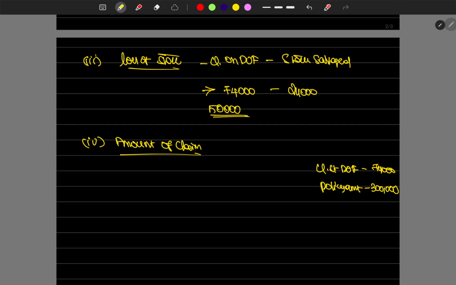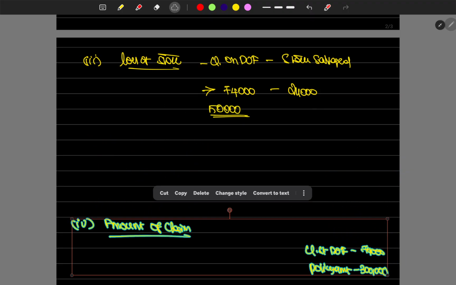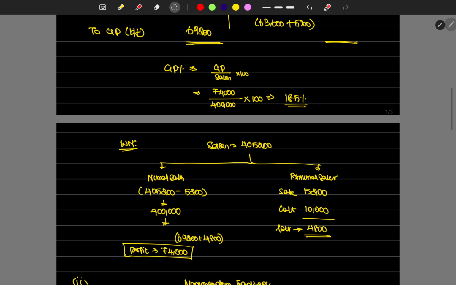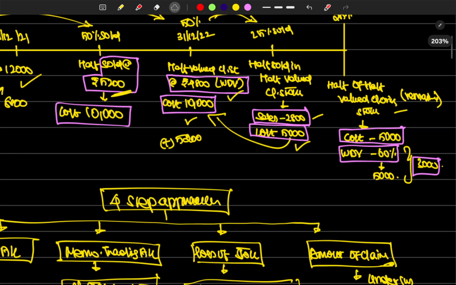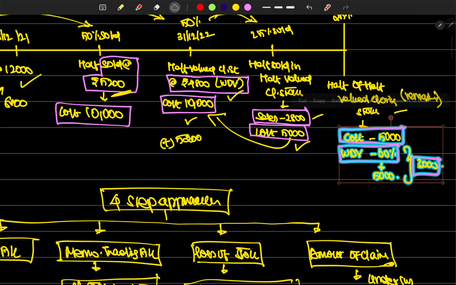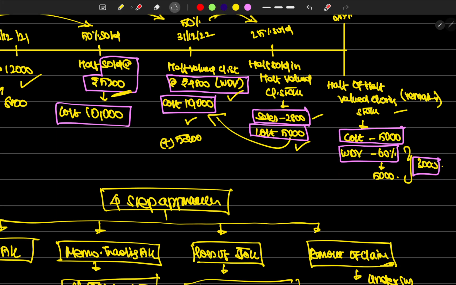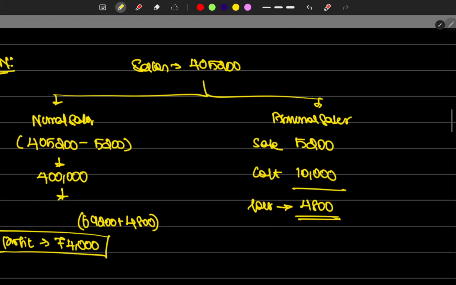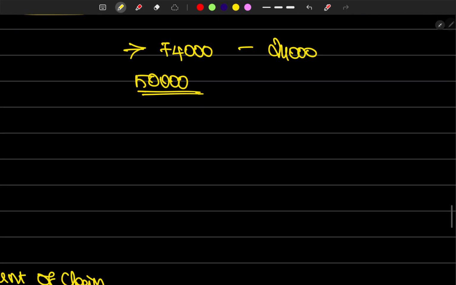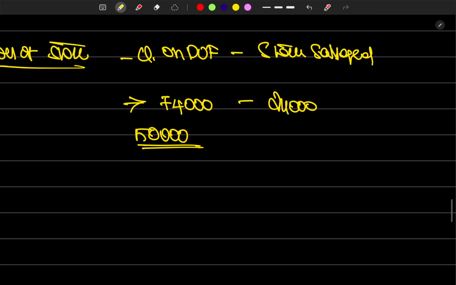Before that we have to correct one thing, guys, which is closing stock on the date of fire. We need to provide one working note which includes correcting this amount, which is WDV of 60 percentage. We need to add back the reduction, which is 2,000, right? So we need to add back that amount also to bring back the closing stock on the date of fire to normal stock level.